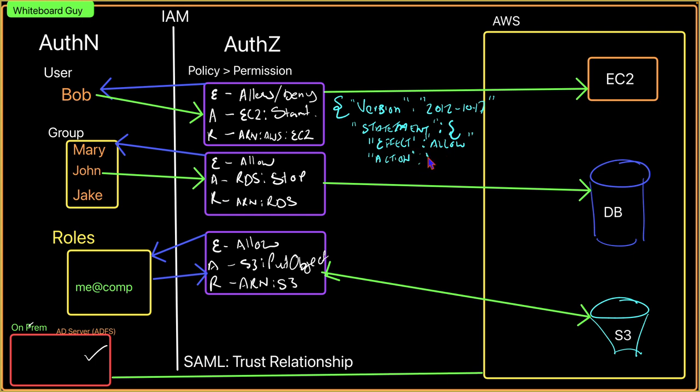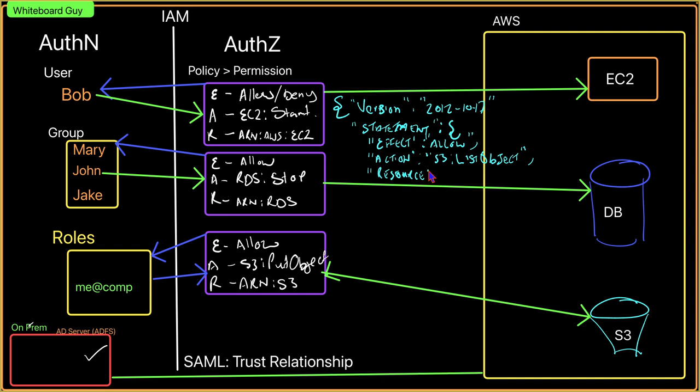And this could be allow access to S3 list object. And then I could be saying something like the resource that I need as well. So you'll see the E, the A, and the R that I have over there.